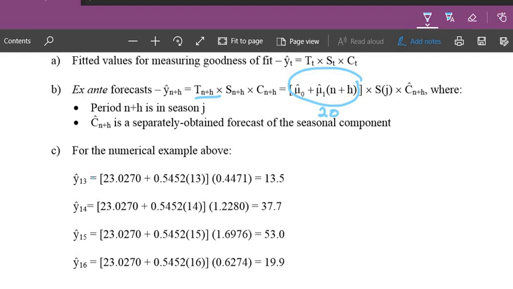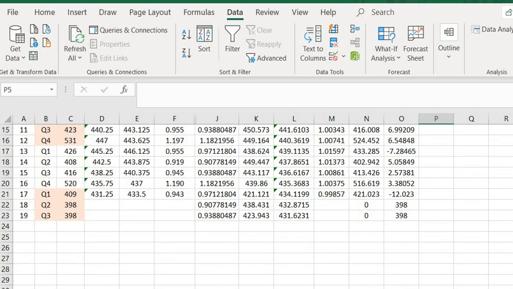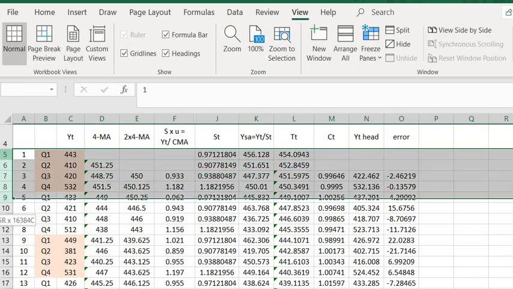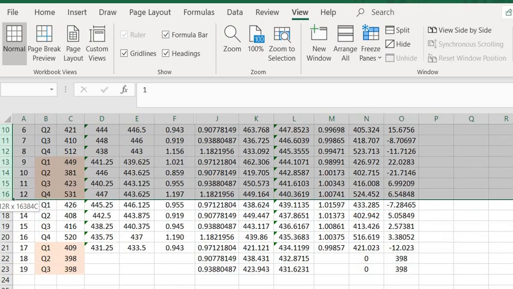Then we multiply by the seasonal factor and also the cyclical component. So let's try to forecast. Just now was the fitted, right? The last data that we have is the 19th, so the next data is 20. Hide the data of this row first, so then you can see.